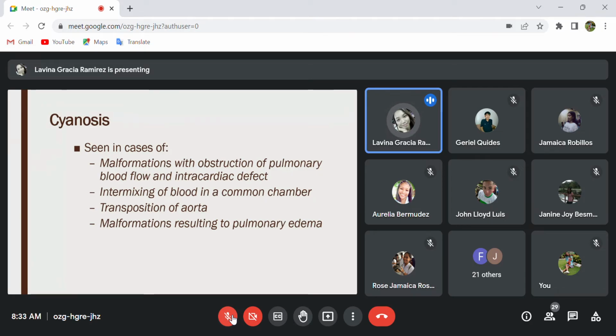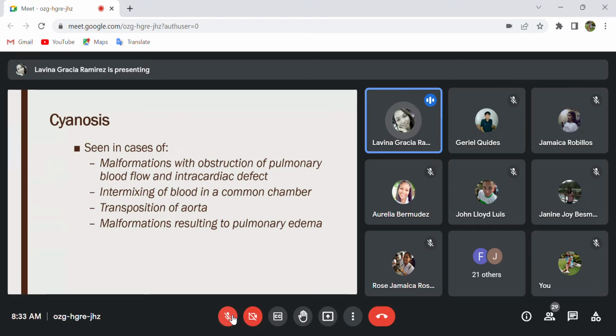Another is transposition of the aorta. During the development, in your embryology, I think you were made to memorize the different arches and their fate. Ano yung nag-rudimentary and what arches nag-progress.